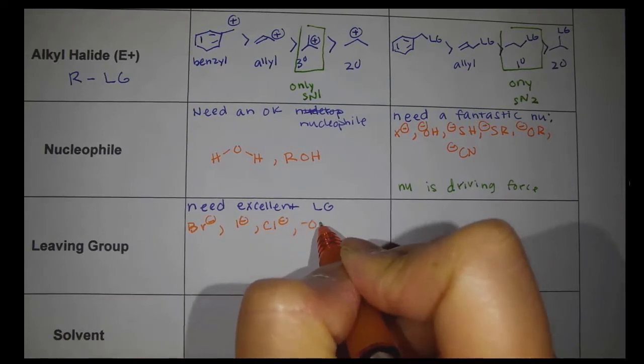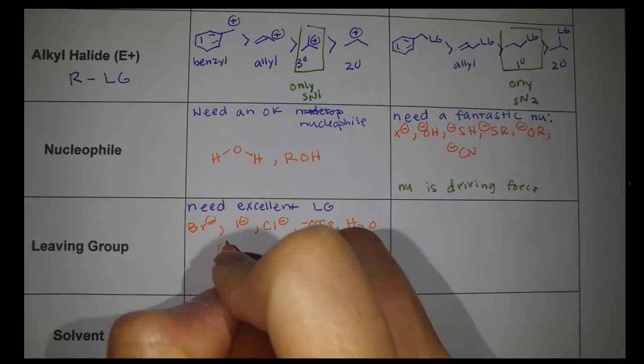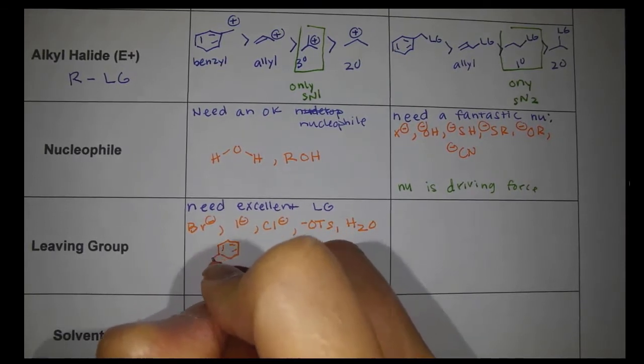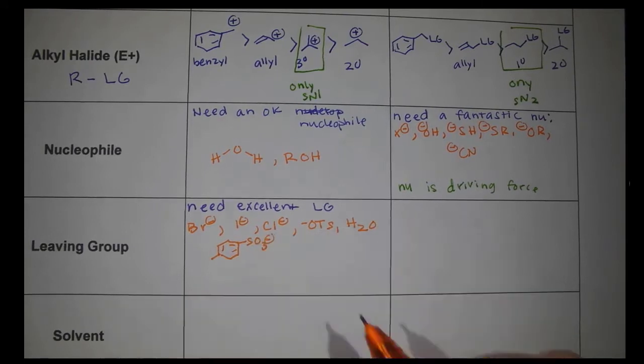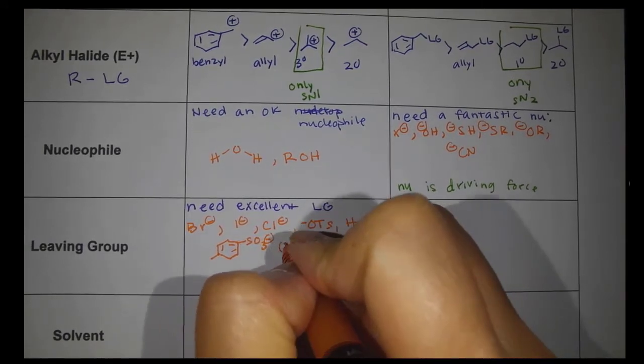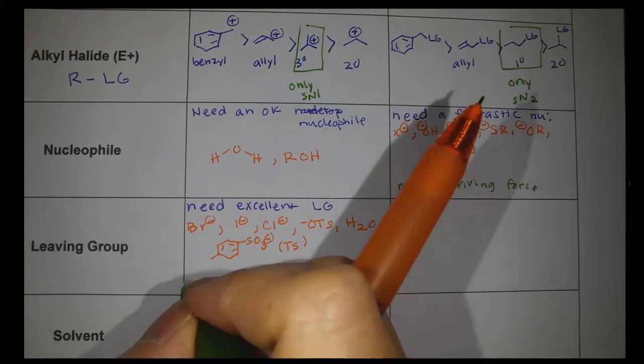These are examples of the leaving groups. And this big one here is the tosyl. The leaving group is the driving force for the carbocation to form.